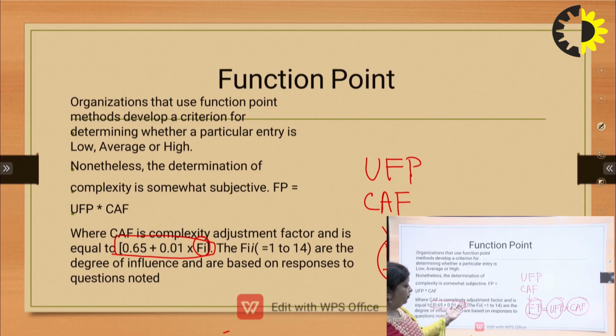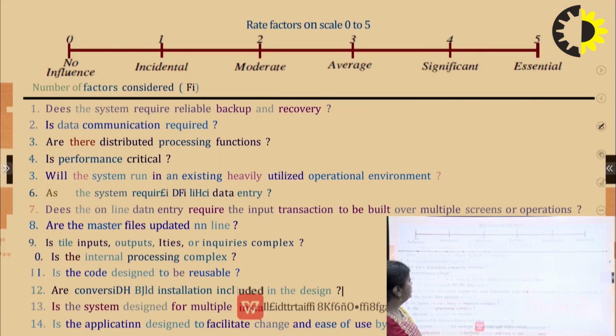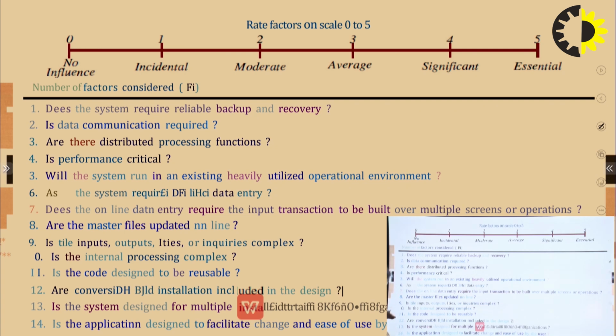So this Fi value can range from 1 to 14. That is the number of factors on which my total software can be dependent, or the degree of influence which is based on the responses to the questions noted. So these are my 14 standard questions, and depending upon these questions, I can decide my Fi.